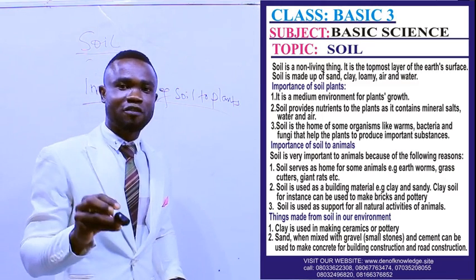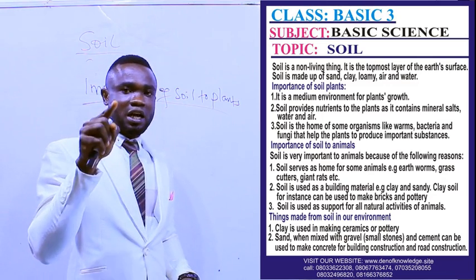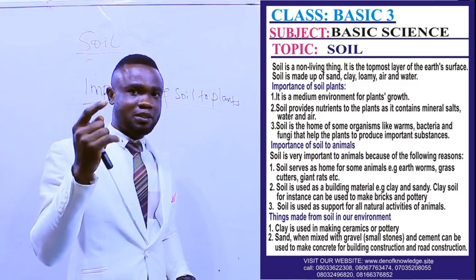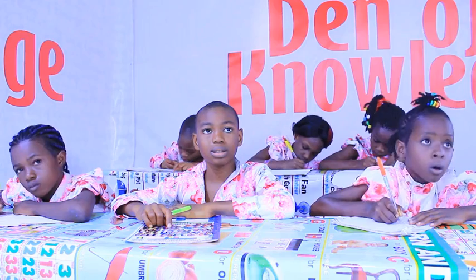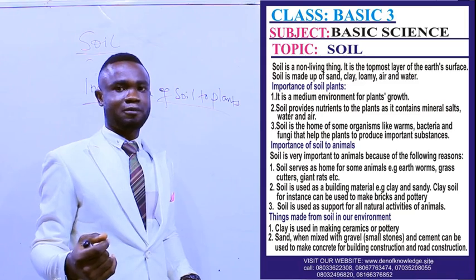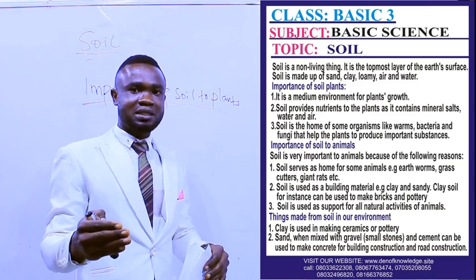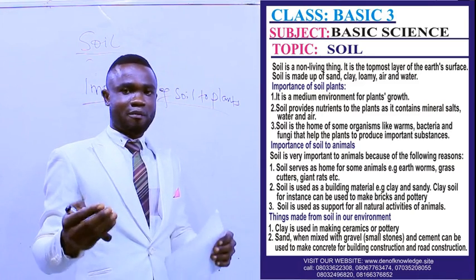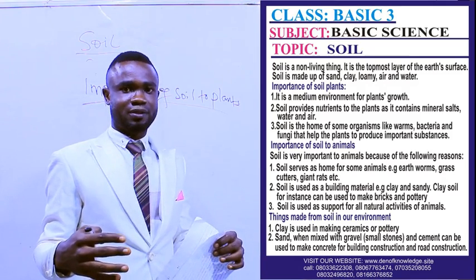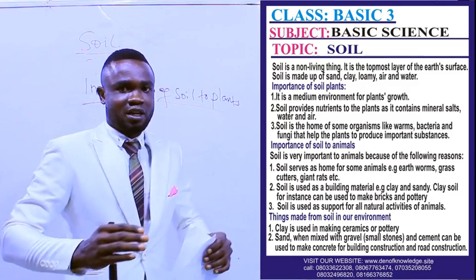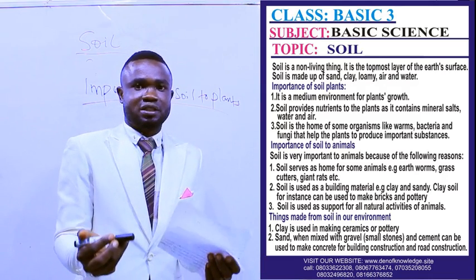Examples of such nutrients are minerals, air, and water. These nutrients help to make plants grow, but they will be in the soil. It means that this soil is a home that carries these nutrients.